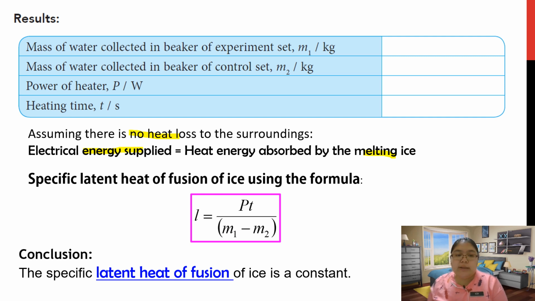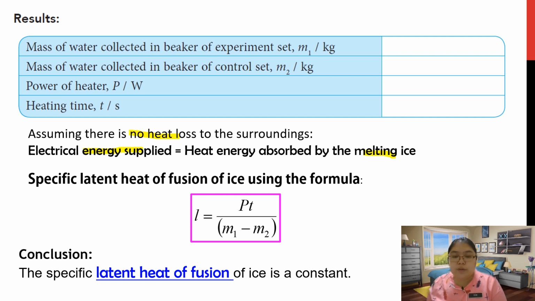Now we're going to see how to calculate the specific latent heat. We're using the formula Pt = ml. From here, we never use Q because you supply by power supply and time taken. So to find the latent heat, we use Pt over (M1 minus M2). This means the mass of the experiment set minus the control set.